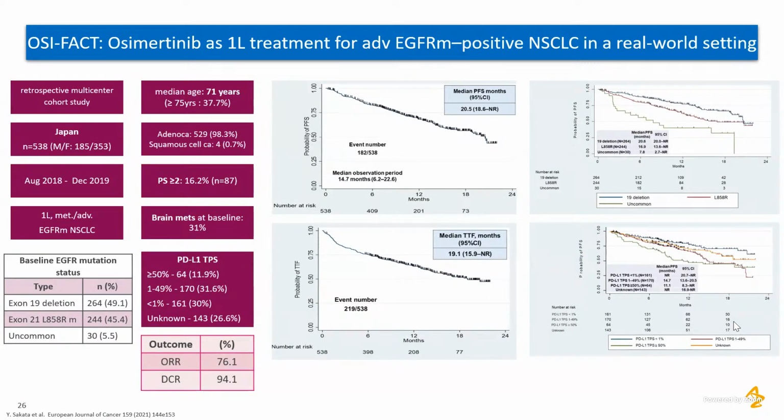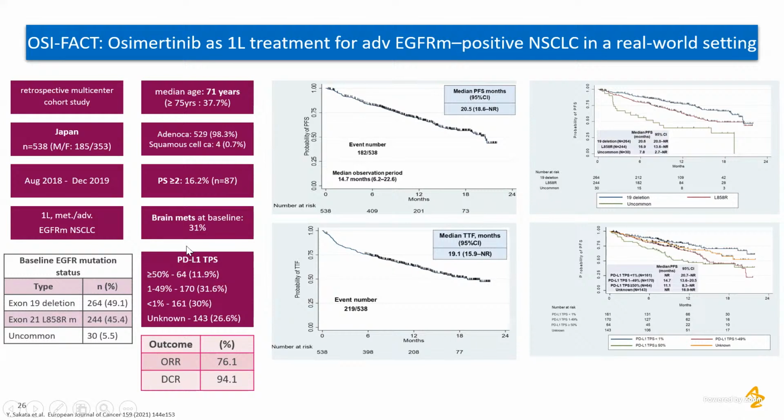OSI-FACT, this is a study from Japan, on osimertinib first-line treatment of advanced EGFR mutated cancer in a real-world setting. Here also 49% had deletion 19 and 45% had exon 21 mutation, uncommon 5%, adenocarcinoma 98%. Median age here was higher as compared to the Italian population. Number of patients was also higher, 538.